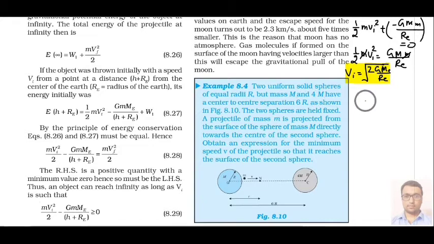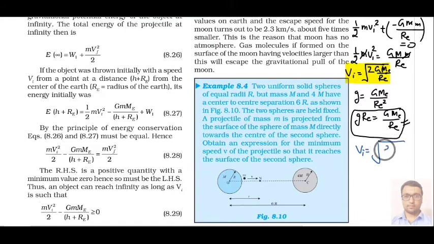Or we can write this formula in another way, that small g equals GMe upon Re square. So we can write that g Re equals GMe upon Re. Now we will replace these values. This GMe upon Re is used over here, so I can write that escape velocity vi equals under root of 2 g Re.